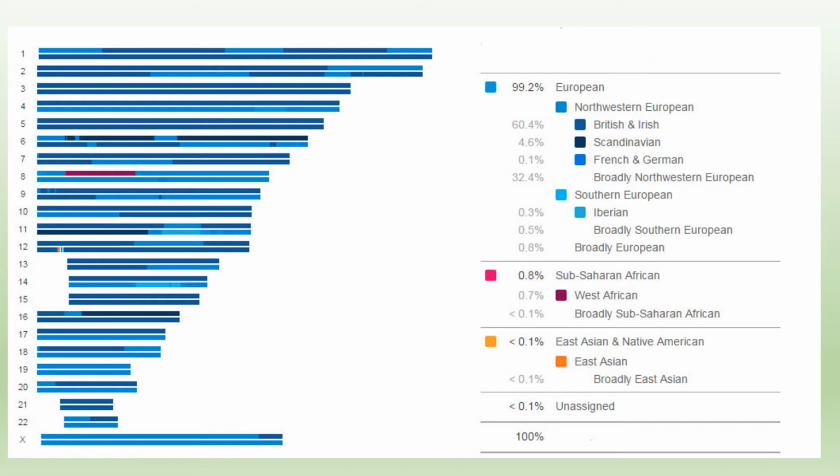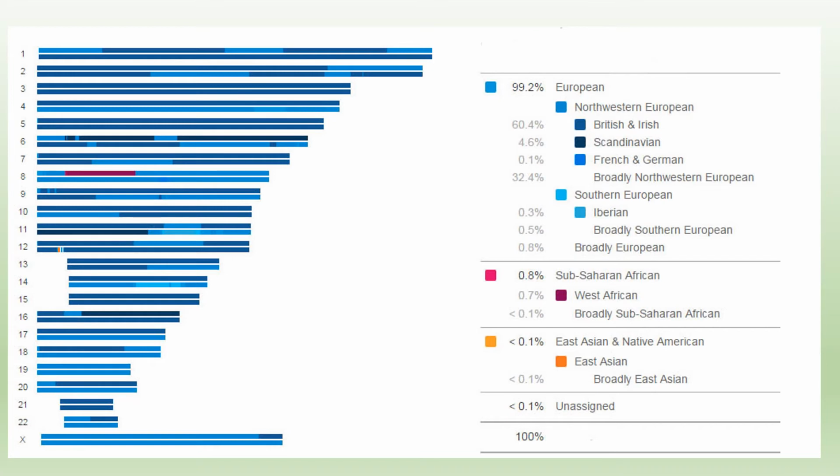But what can happen is that two chromosomes, the two different copies of each chromosome, during meiosis, they can swap part of their chromosomes. So if we look at chromosome 8 here, you see this big red area?